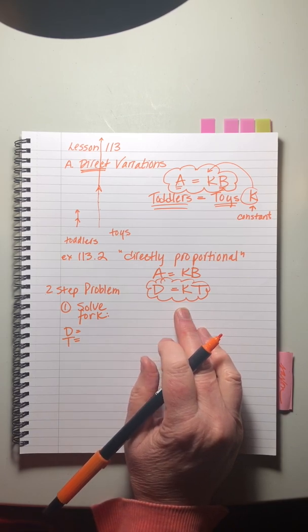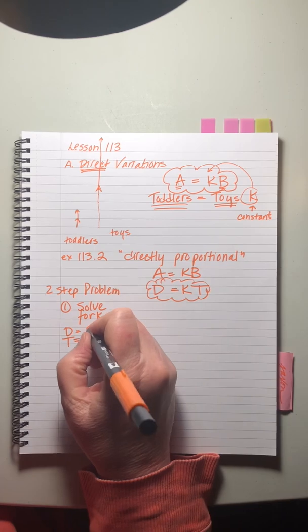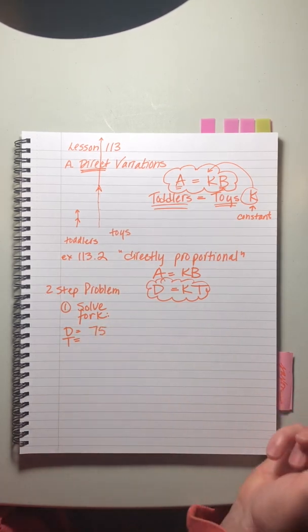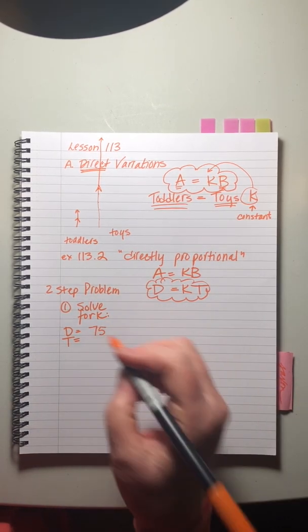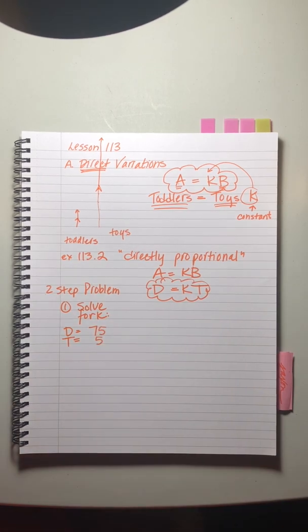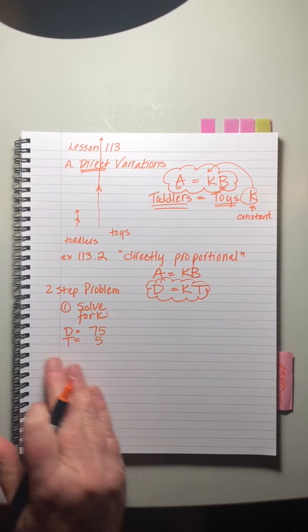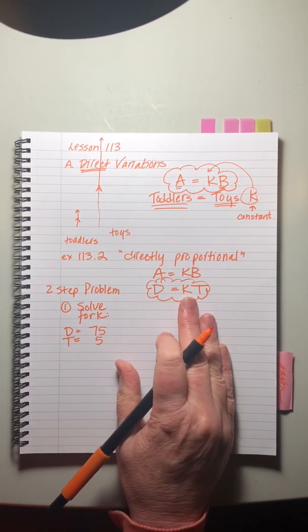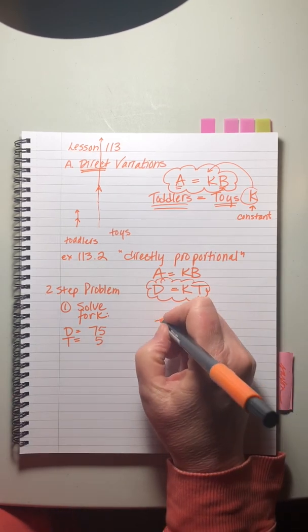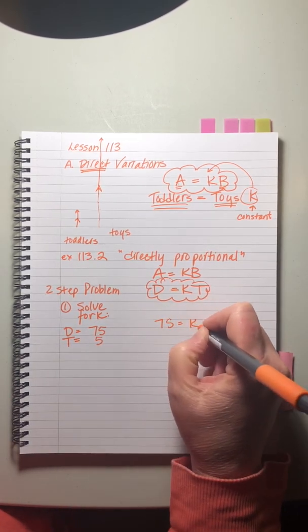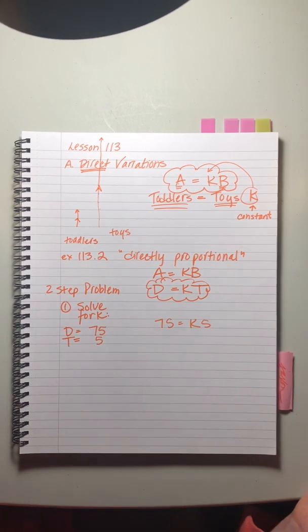If the car goes 75 kilometers, that's a distance, in 5 hours, that's a time. I'm going to pause reading the problem right there because we can take this information and solve for K. It tells us that 75 equals K times 5.